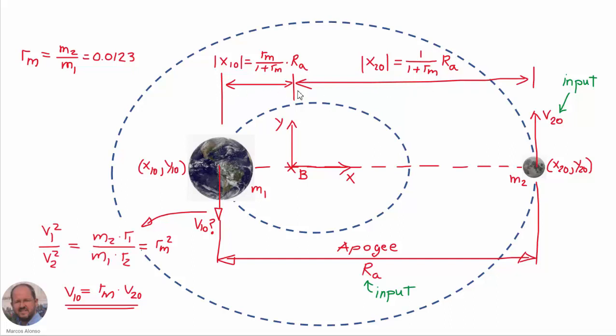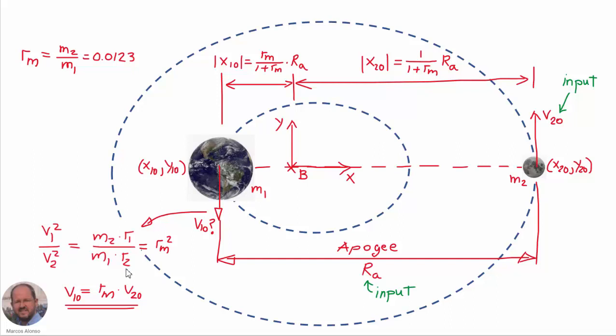For these two distances, the y coordinates are going to be equal to 0, of course, and then we only have to find the speed of the Earth, which is not easy to find from the literature, but we know that the speeds of the Earth and the Moon are related by this expression that we have seen before.